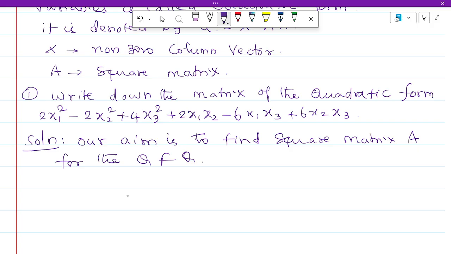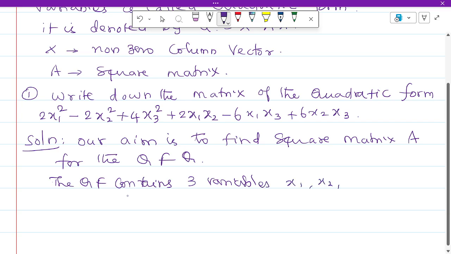So here, how many variables are there? The quadratic form contains 3 variables. What are the variables? x1, x2, x3.